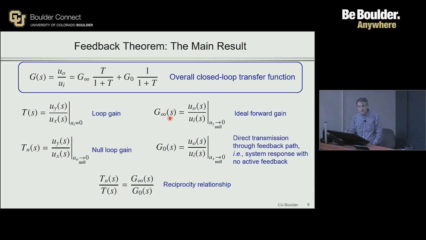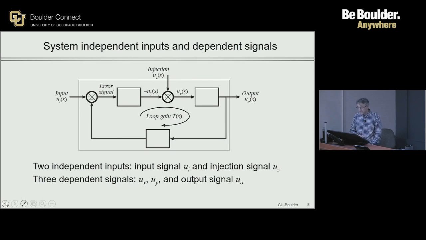The interpretation of that G infinity is that it represents the ideal forward gain. Why do we say that? If you go back to the block diagram right here, and you say, what happens if we null Uy? If we null Uy, that implies that the error signal is nulled as well. If the error signal is nulled as well, that means we have a perfect regulation.